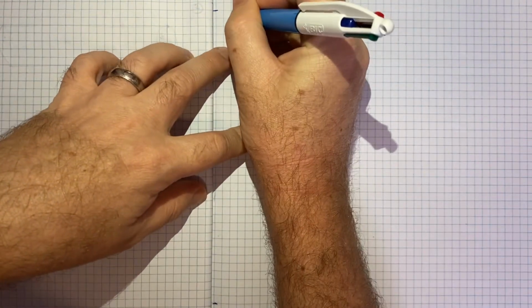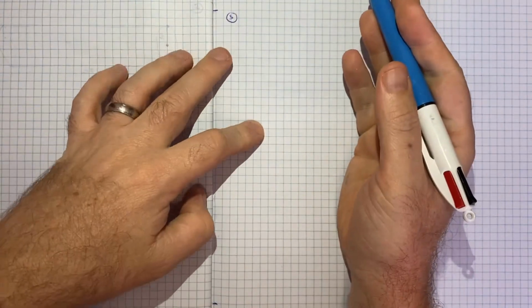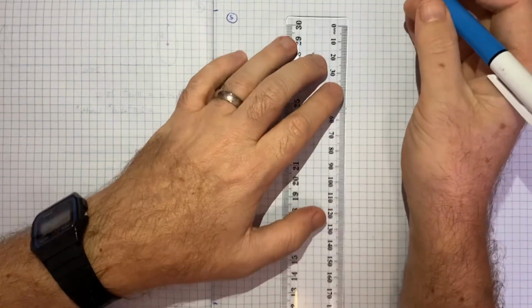Alright, so for this question 5, as with all of these questions, a diagram is going to be helpful. So what I'll do is I'll just create our axis.